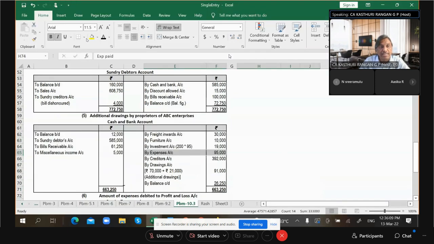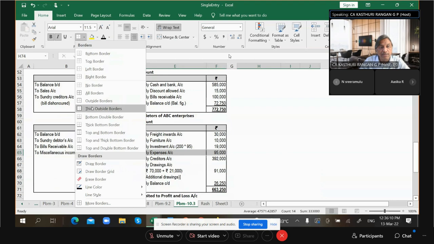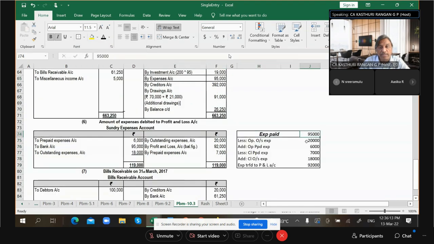There is no condition that it should be done in that manner only. Are you clear? So expense paid is 95. What is to be transferred to P&L account is 92. Okay.